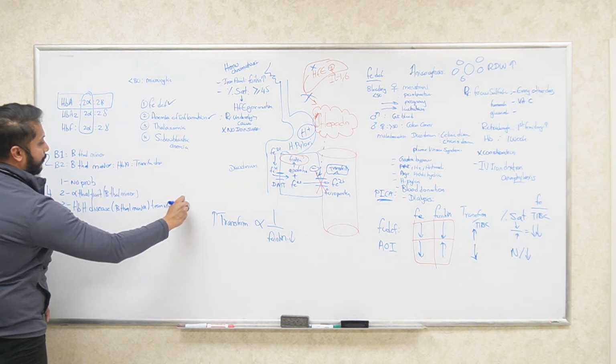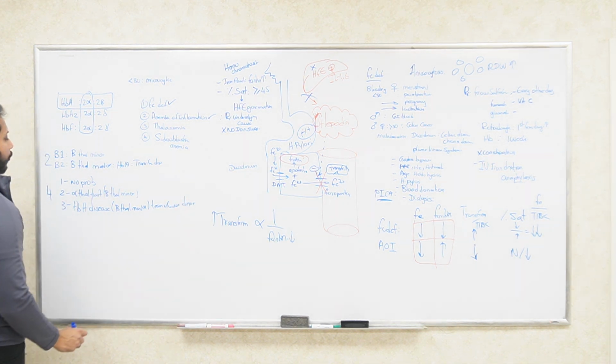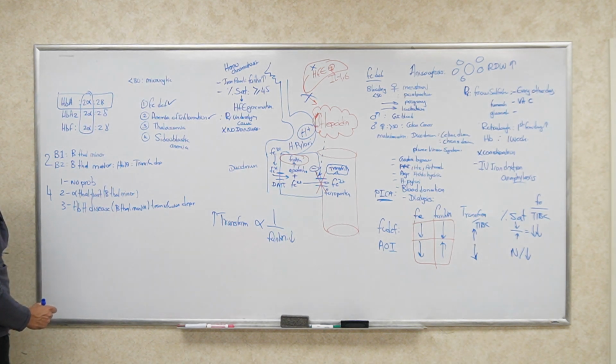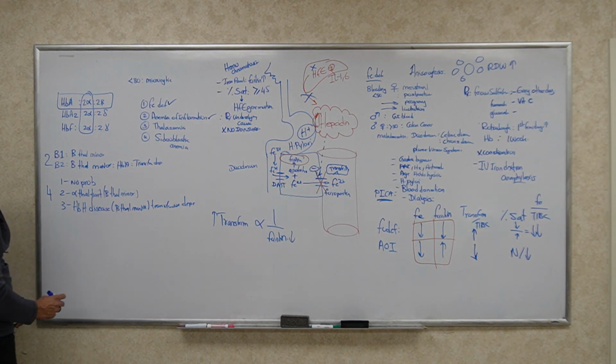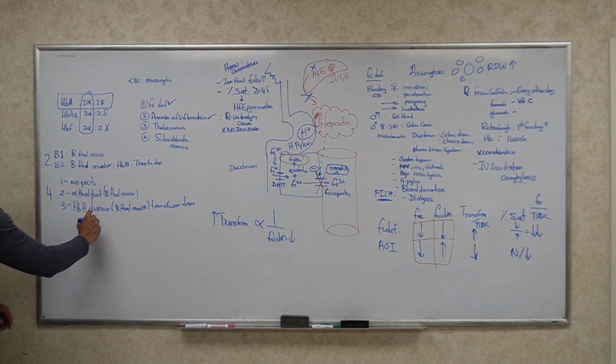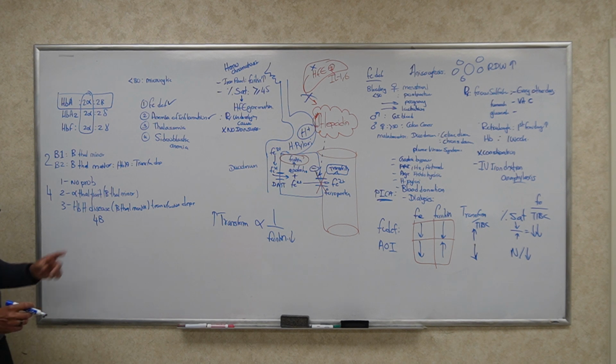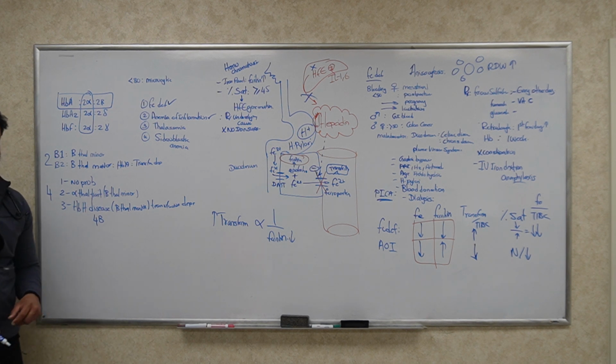Transfusion dependent. Now why do you get this? So that is going to be like beta thalassemia major, HbH disease, okay? And you get this because you have 4 beta globin chains joining together. Okay, when 4 beta globin chains join together, you get HbH disease.